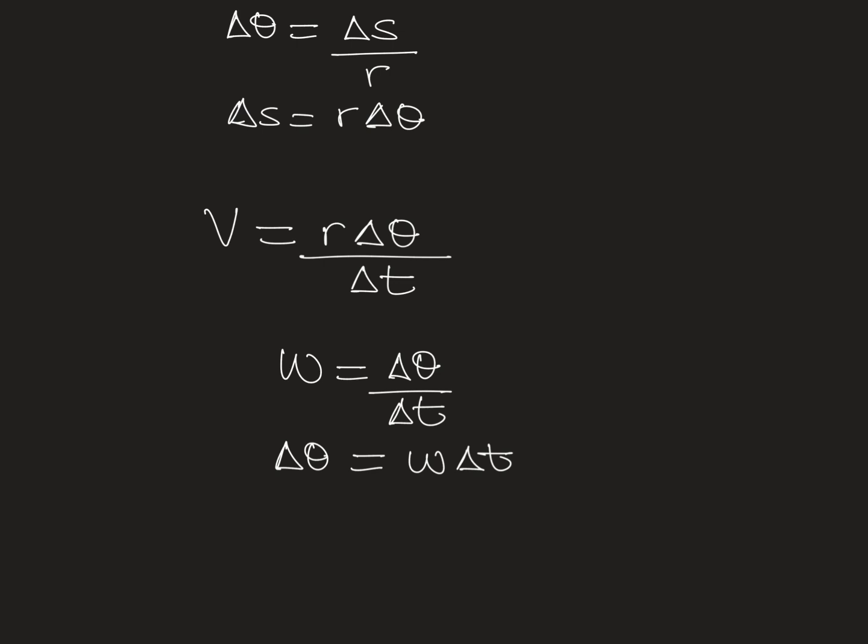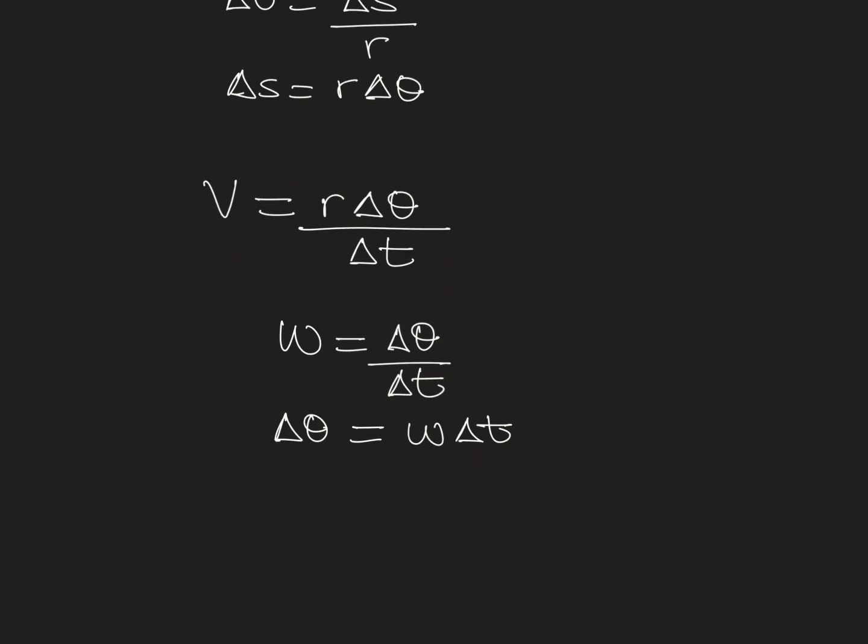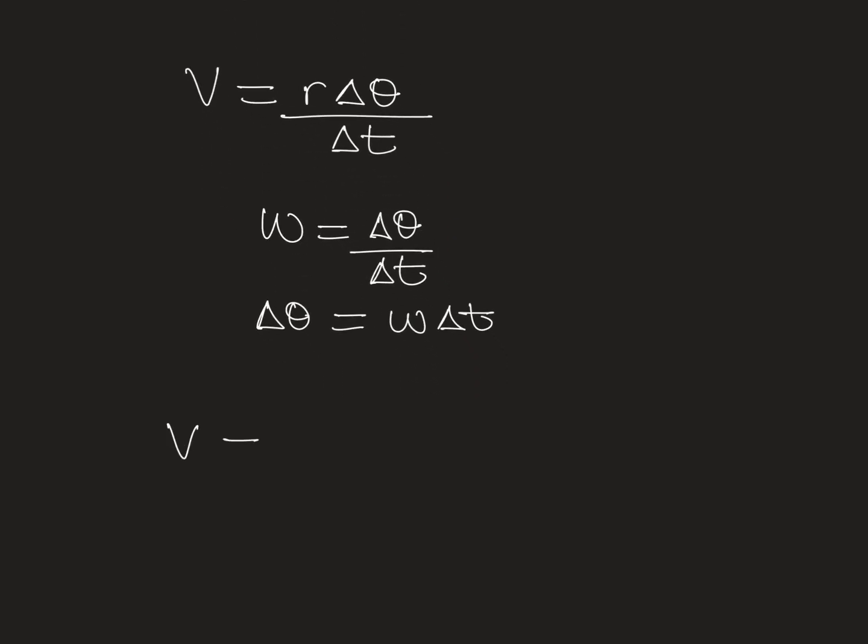So in the place of delta theta, I can replace omega delta t. Let's substitute that into this equation. That will be v is equal to r, and delta theta is omega delta t, divided by delta t.